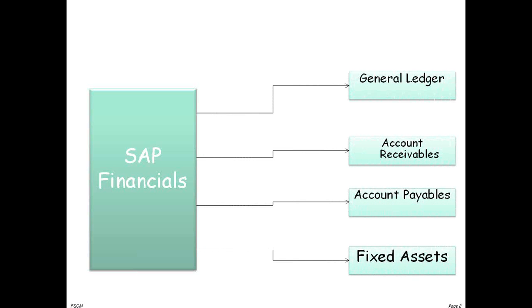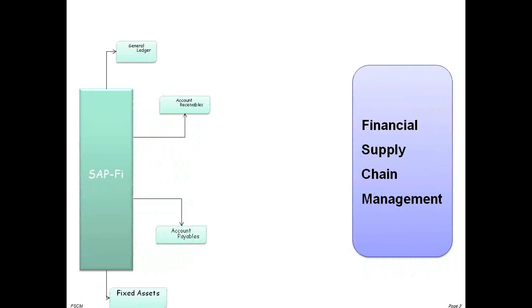In FI there are 4 successful modules: general ledger, accounts receivable, accounts payable, and fixed assets. These are the modules we have in our financials. Let me represent the same in another way.